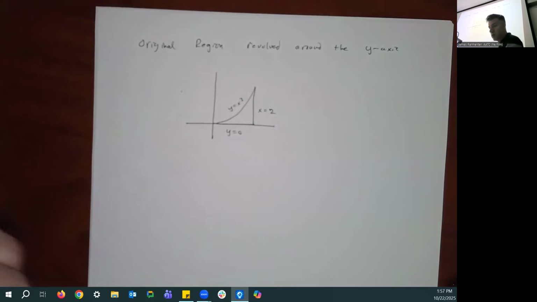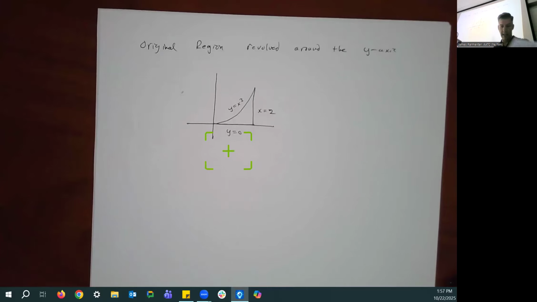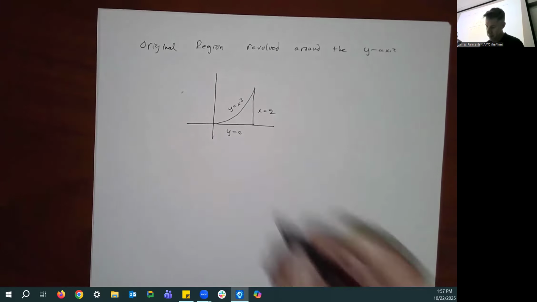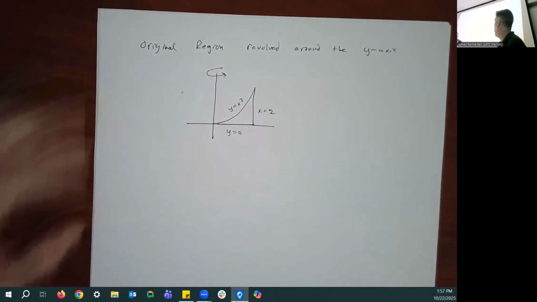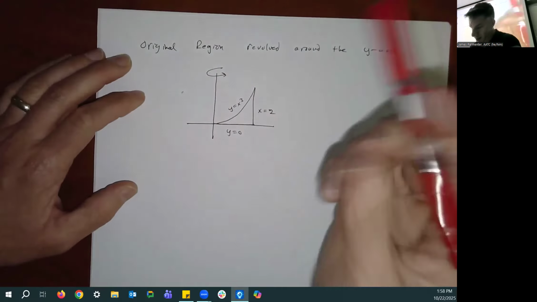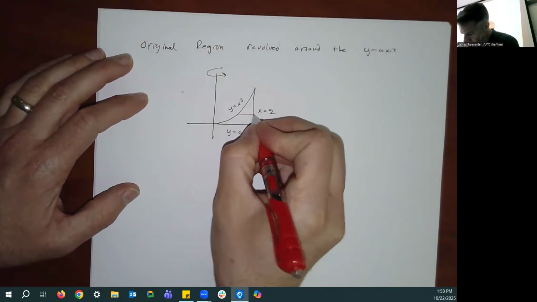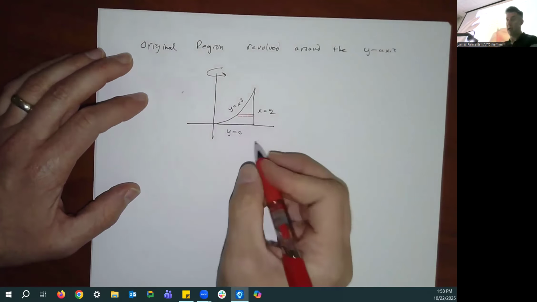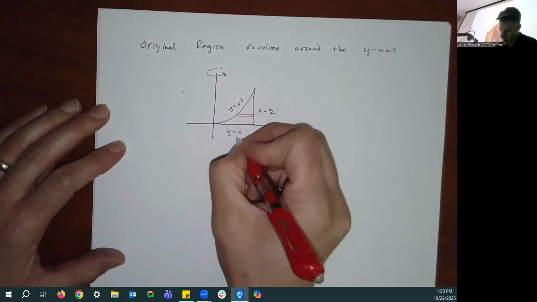So now, when we revolve this around the y-axis, well, our axis of rotation is vertical, so our strip or rectangle had better be horizontal. So this is my horizontal strip, and I'm going to revolve that around. I like to do it like this.